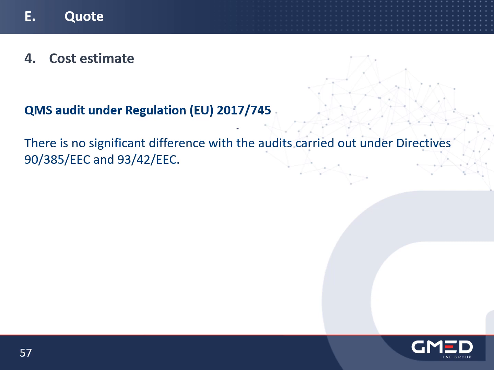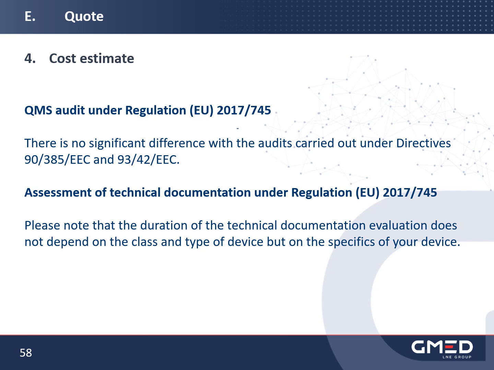Therefore, the duration of the first audit under the regulation is equivalent to the duration of an initial audit. Regarding the evaluation of the technical documentation, it is important to specify that its duration does not depend on the class and type of device, but on the specificities of the device.